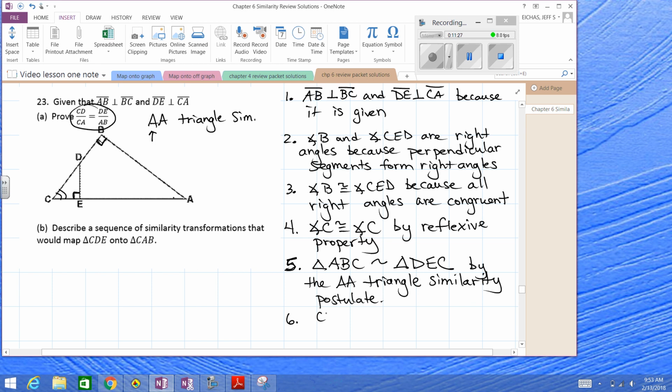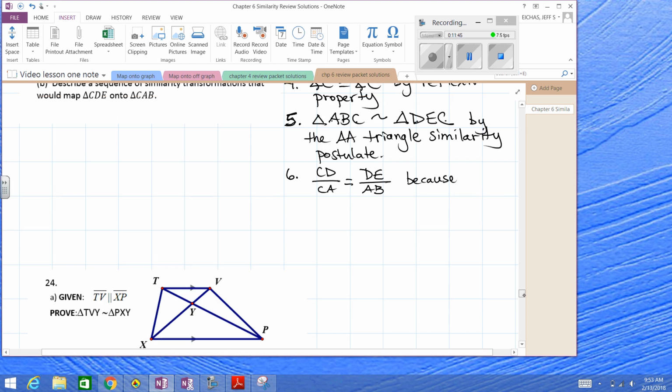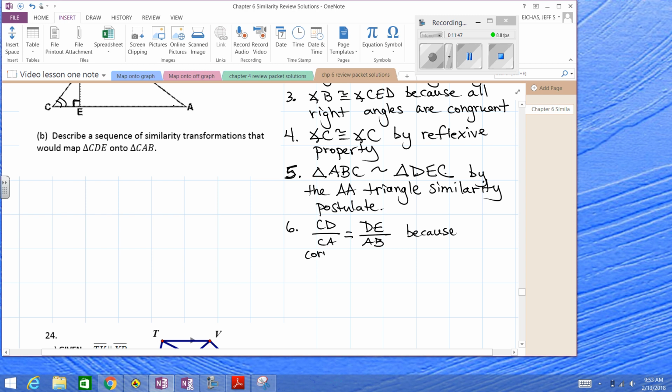So if you look, CD, third then first letter, is to CA as DE is to AB.